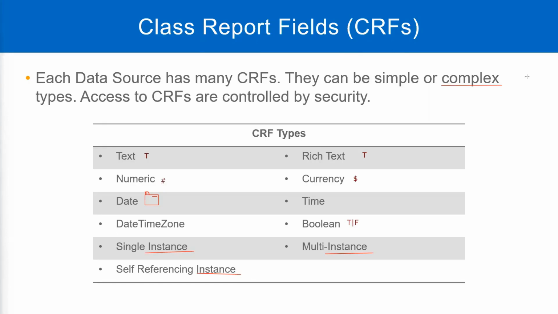Spouse and children and parents and so on. So the possibilities are endless. That is an example of a multi-instance field.